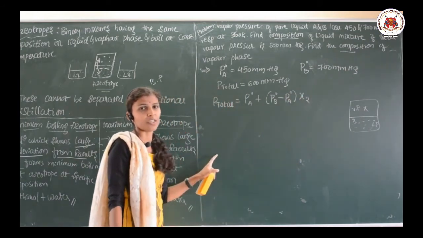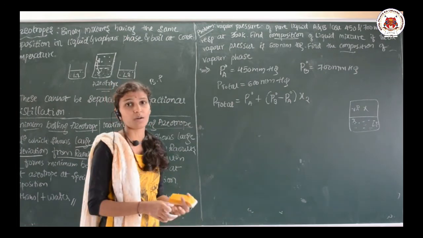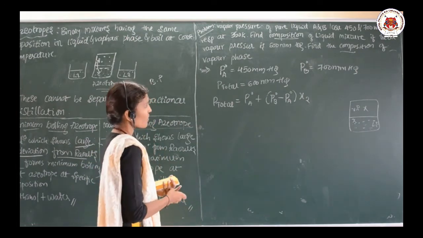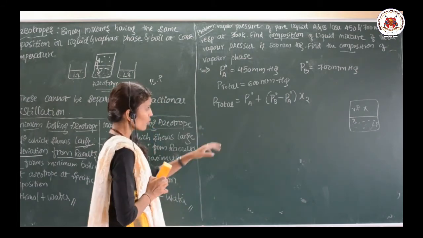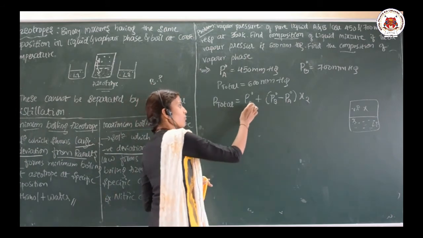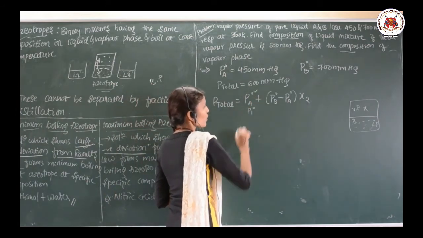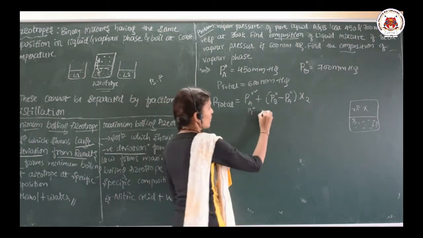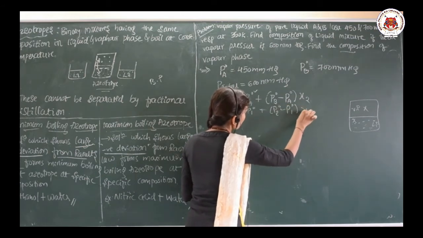Okay. In the previous problem, instead of PA and PB, we used components 1 and 2. Here, as they have mentioned liquids A and B, we are using the terms A and B. The only difference is that we are using different terms, but here it is PA naught, instead of P1 naught, and PB naught minus PA naught into X2.